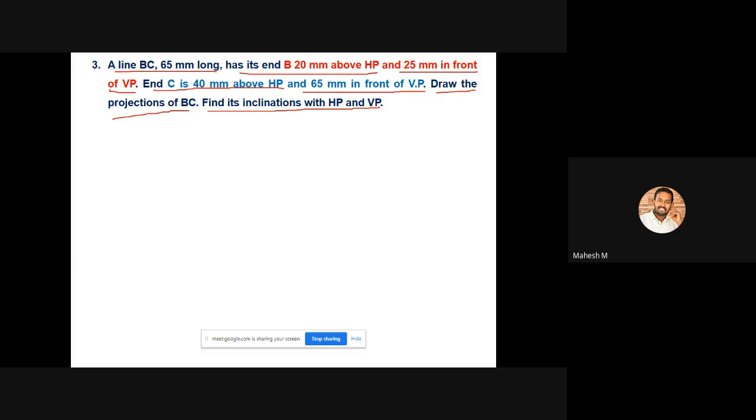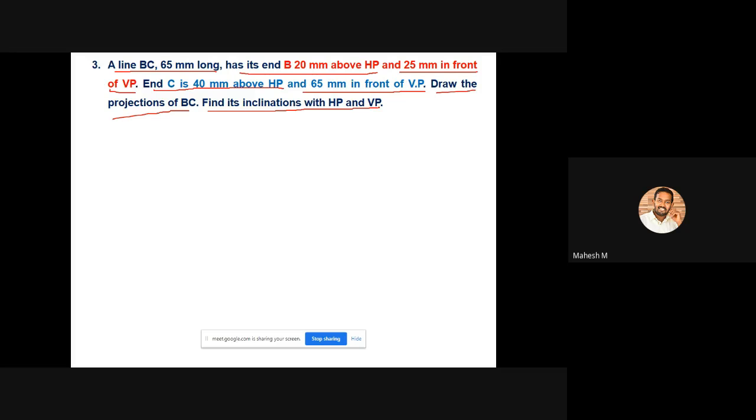So far we have discussed 3 problems. In our first problem, it contains the angles theta and phi. In our second problem, we have the angle for the top view. In our third problem, we have the angle for the front view.